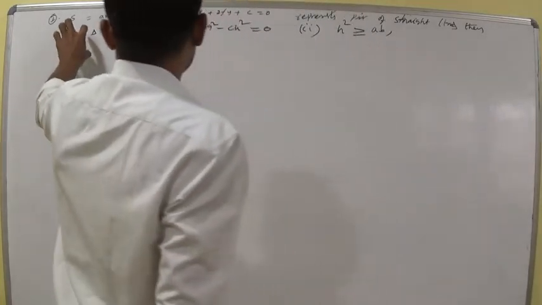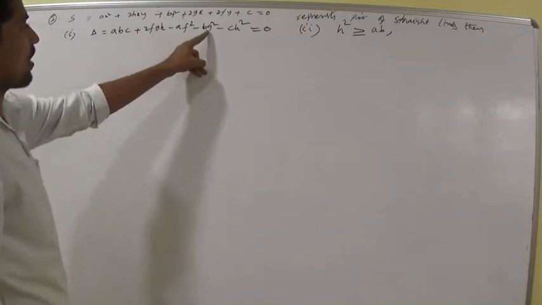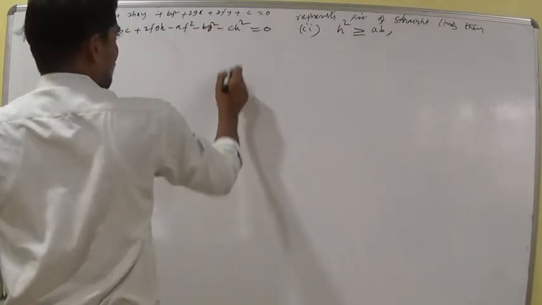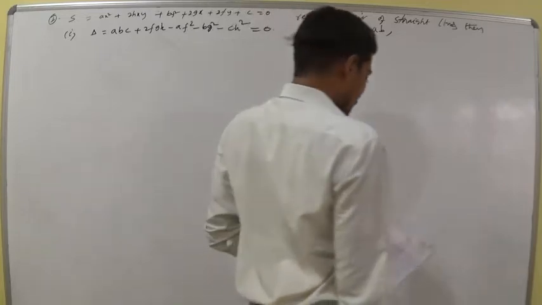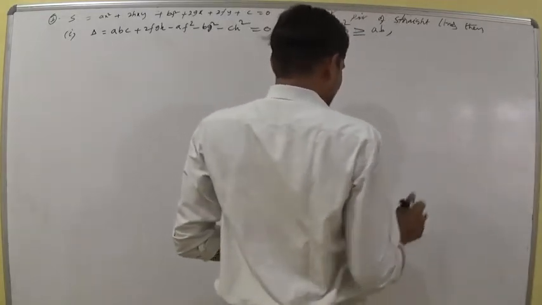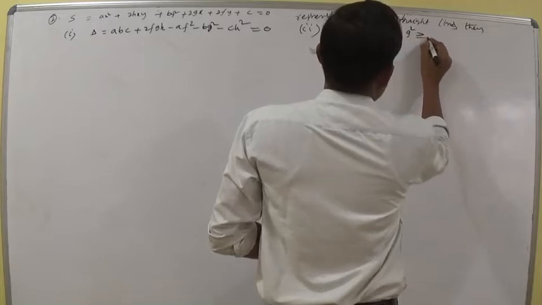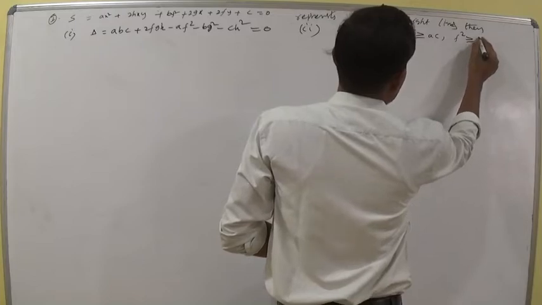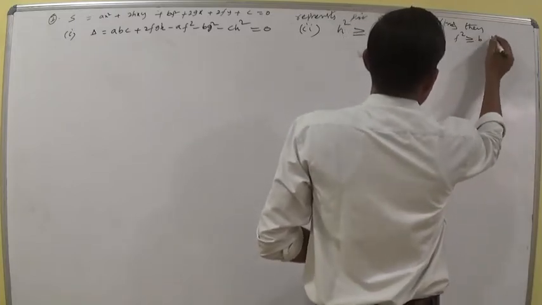See, delta is equal to abc plus 2fgh minus af square minus bg square minus ch square is equal to 0, and the second one is h square greater than or equal to ab, and g square greater than or equal to ac, and f square greater than or equal to bc.